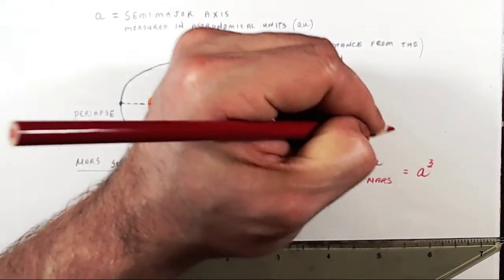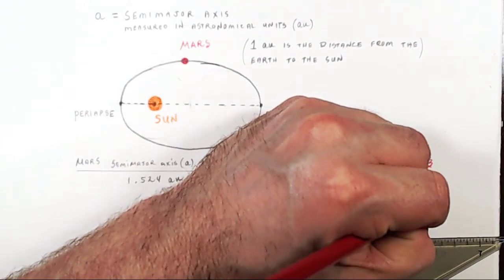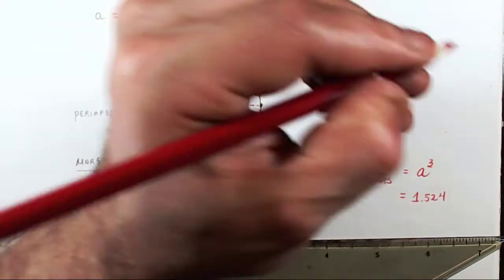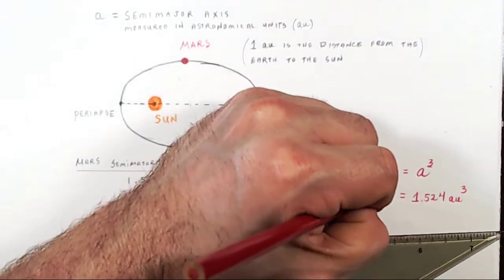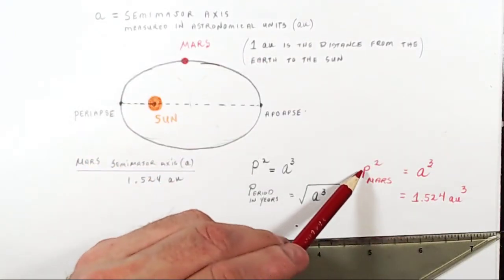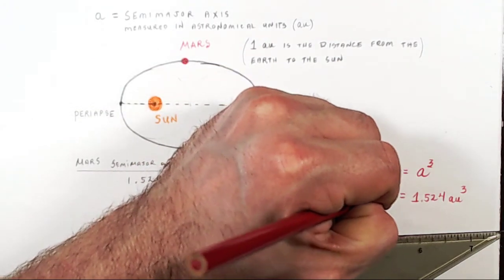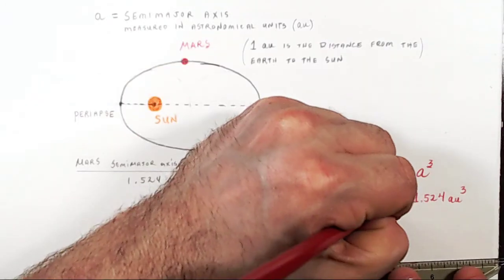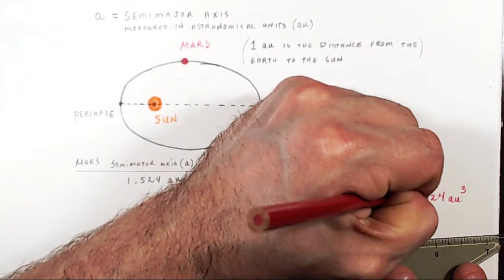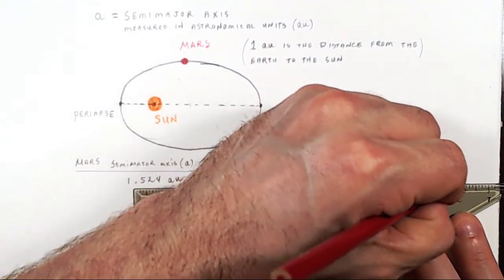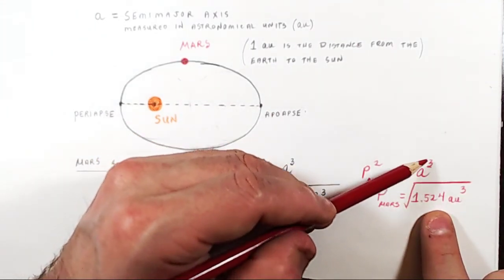So we'll plug in 1.524 AU cubed, and that is equal to the square of the period. So if I want to just find the period, I'll write P Mars equals the square root of the cube of the semimajor axis, which is just A cubed.